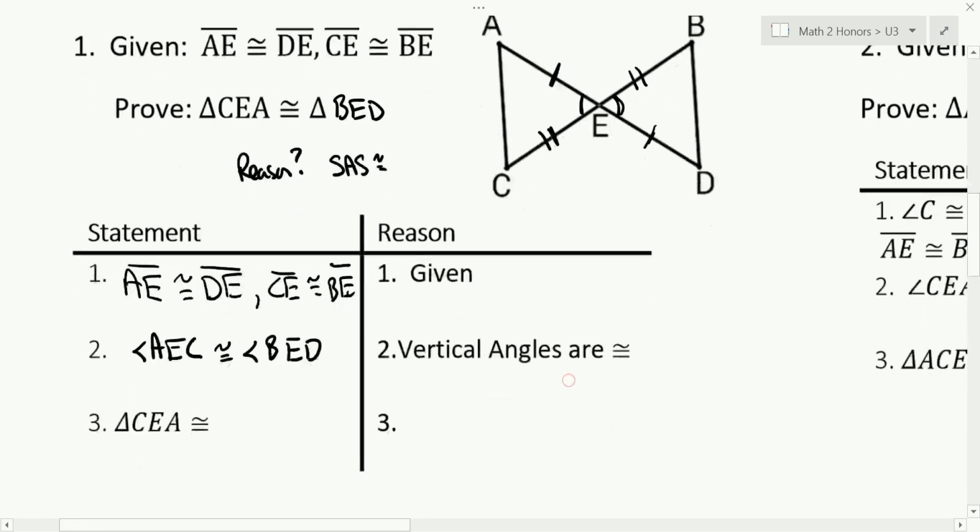Good. So triangle BED. And the reason is side angle side congruence, and we are using steps 1 and 2. In step 1 we have the 2 S's, the side and the side. In step 2 we get the angle.